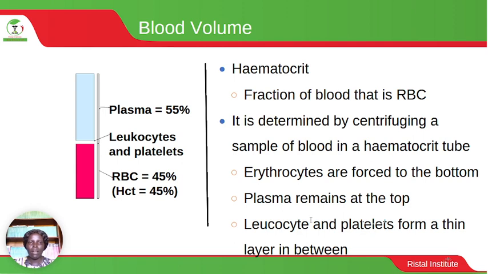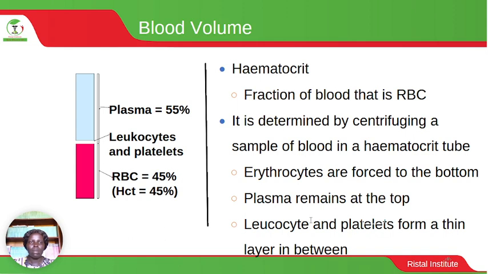Then we have the red blood cells, which make up to 45%. So when you add the 45% plus the other one, you get around 100%.